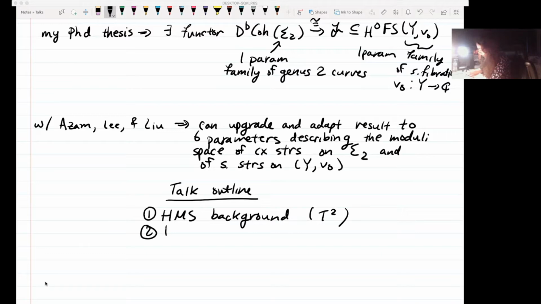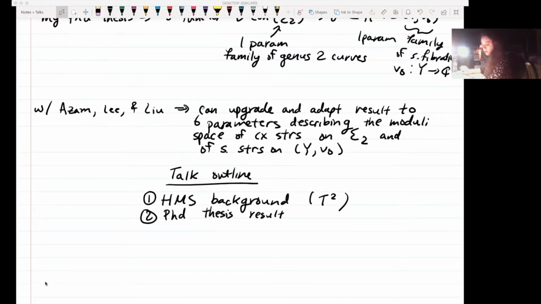Then I'll say a little bit about what goes into my thesis result, which is essentially upgrade T2 to T4, and then on the complex side, look at a hypersurface, and on the symplectic side, look at a symplectic fibration with the mirror T4 as a fiber. And third, I'll talk about my joint work with Azam, Lee, and Liu.